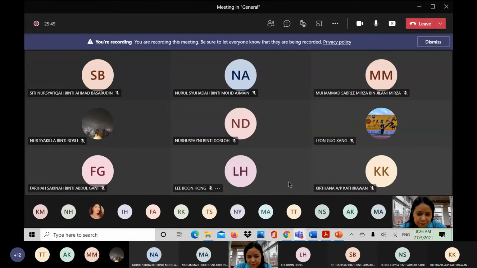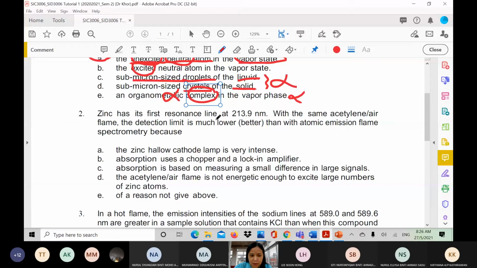I would like to invite Fariha Sakina to join our discussion. Can you please tell me, this question is about a comparison between which techniques? If you look at question number 2, this is the way I have discussion with you to let you understand the topic critically.